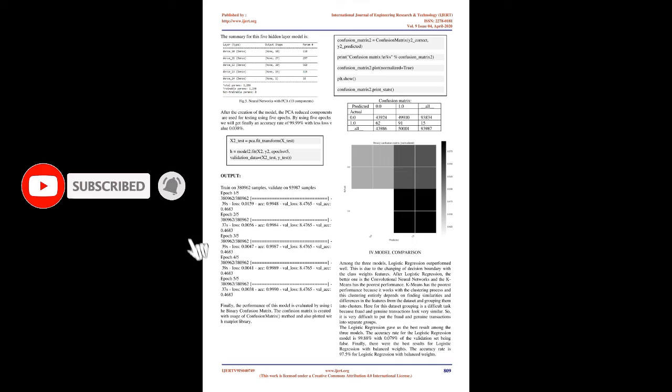The summary of the model that we created is: model = Sequential. Model.add(Dense(30, input_dim=30, activation='relu')). Model.add(Dense(1, activation='sigmoid')). Model.compile(loss='binary_crossentropy', optimizer='adam', metrics='accuracy'). Model.summary. Fig. 5. Neural networks with PCA, 10 components.